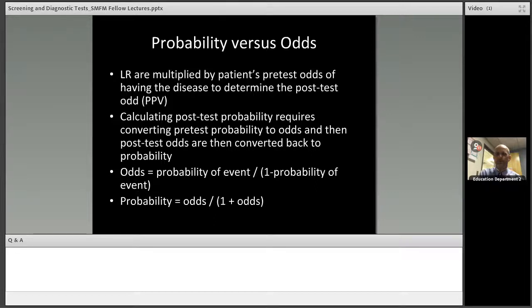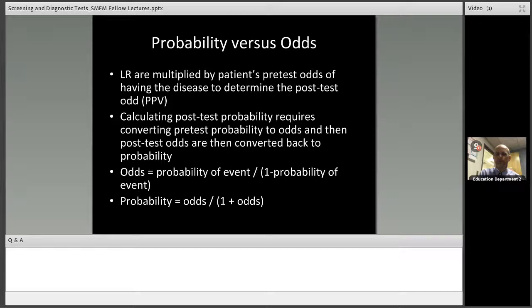So the likelihood ratios are multiplied by the patient's pre-test odds of having the disease to determine the post-test odds. There is something we do in epidemiology, which is moving from probability to odds and from odds to probability and vice versa. Post-test odds can sometimes almost equate to a positive predictive value.